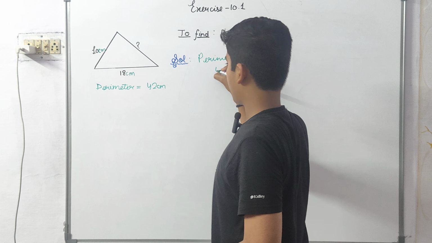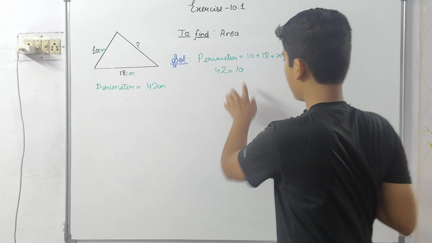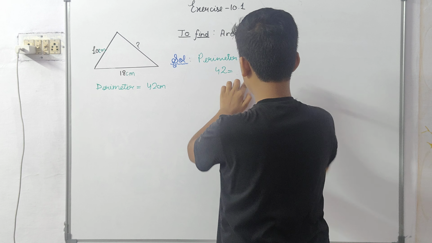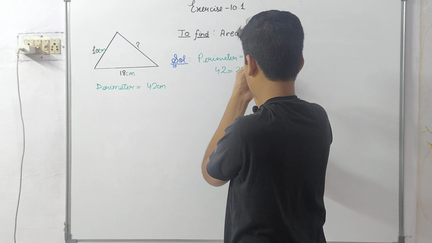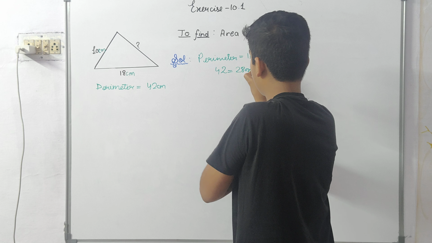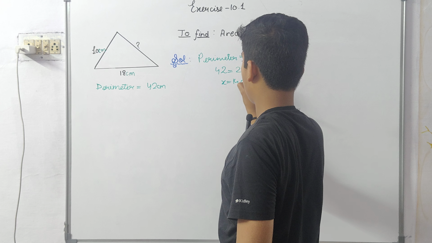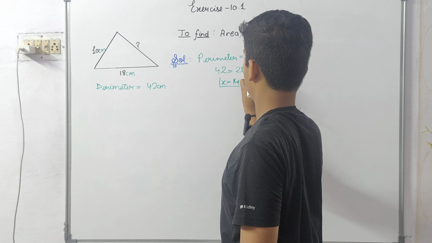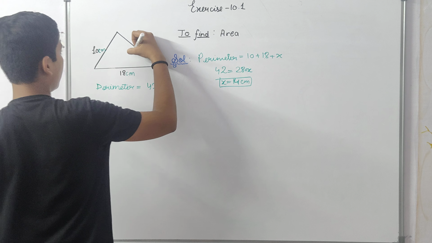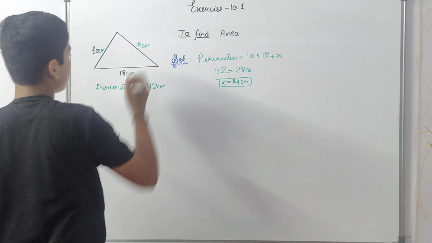So perimeter is 42. 42 equals 10 plus 18, which is 28, plus x. X would be 14 centimeter. So this third side would be 14 centimeter.